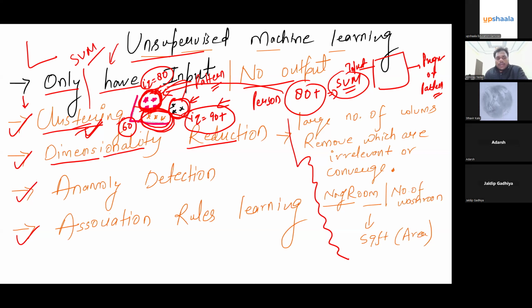After that, we have dimensionality reduction. What happens in dimensionality reduction? Suppose you have a large number of columns in your data set. One column represents the number of rooms, and another represents the number of washrooms.